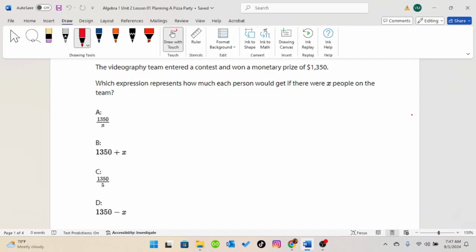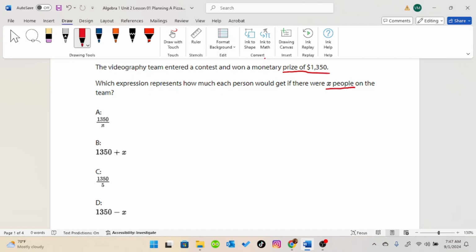So, first we want to point out what information is given to us. We know that the prize was $1,350, and we know that there is X number of people. So we do not know how many people are on the team.